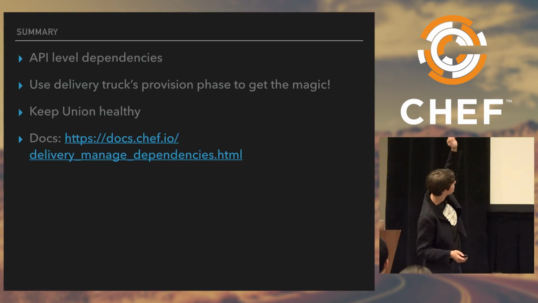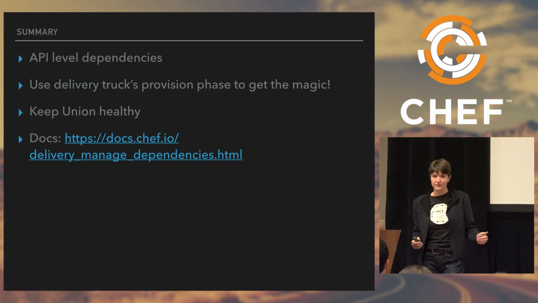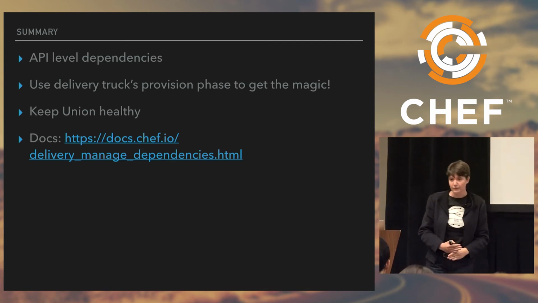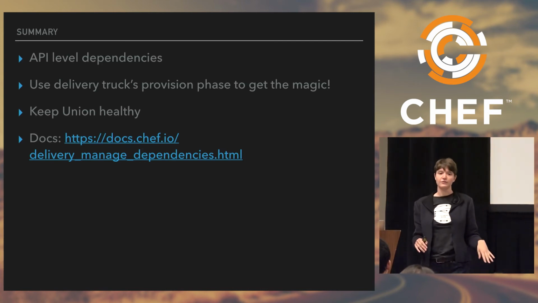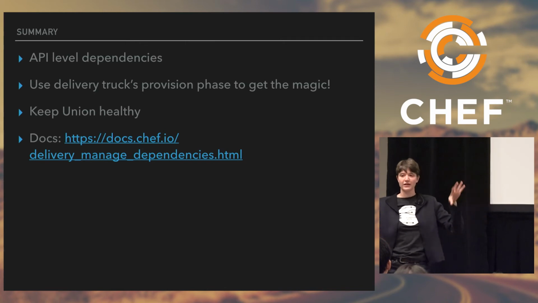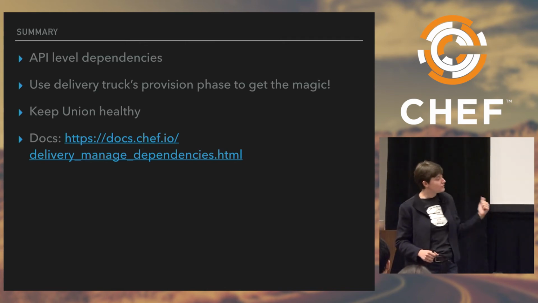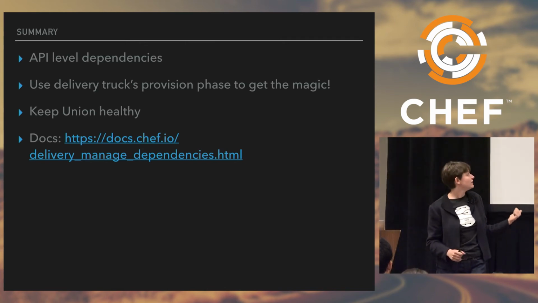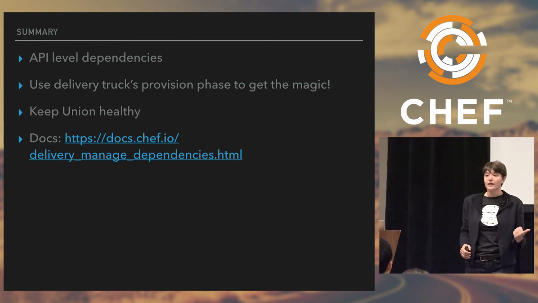So here's the summary. We're talking about API-level dependencies. We don't mean compile time. That's a completely different kettle of fish. We mean cross-project at runtime. You need to use delivery truck. In particular, you need to use the provision phase.